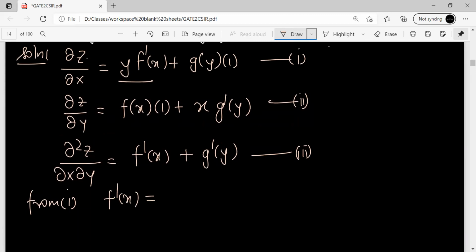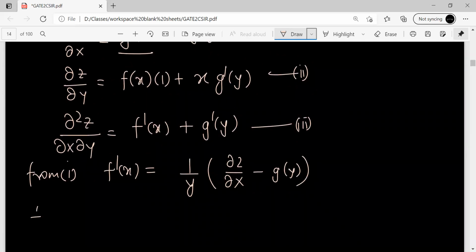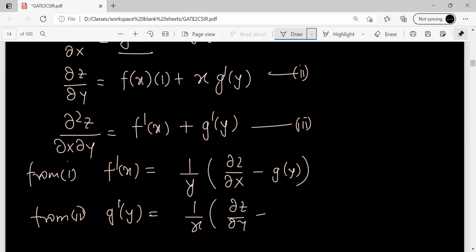So f dash x will give me what? 1 upon y, then del z over del x minus g of y. This is what I'm getting for f dash, and from 2 I'll find out g dash, and then I'll resubstitute here. That's what my goal is. And g dash y, from here I'll be getting 1 upon x, and then del z over del y minus f of x.